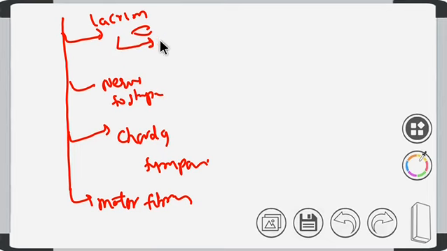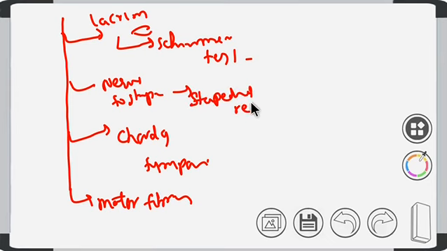So here we'll do tests for all these functions. For lacrimation, we'll do Schirmer's test. For stapedial reflex, we'll check the stapedial reflex.